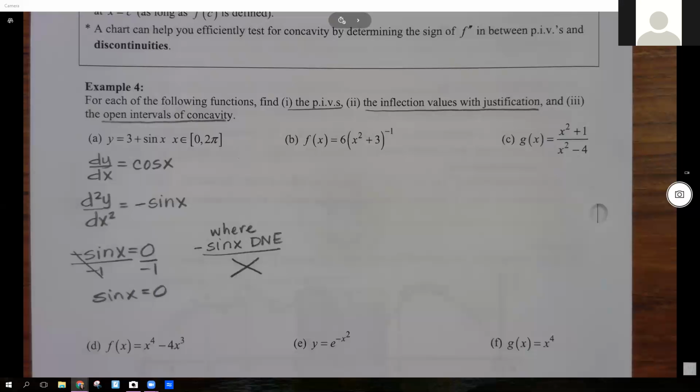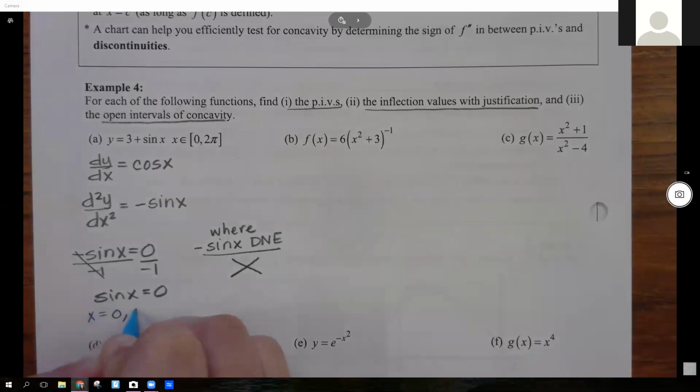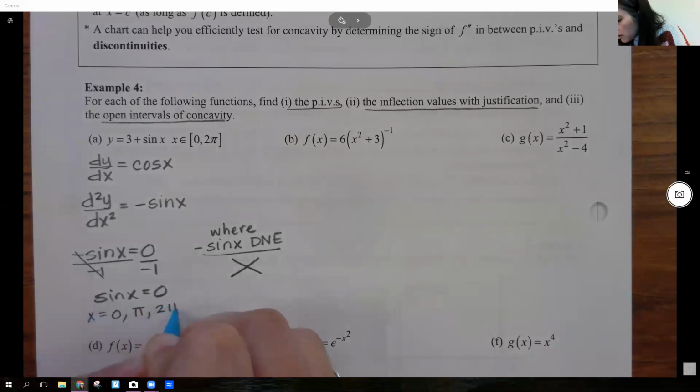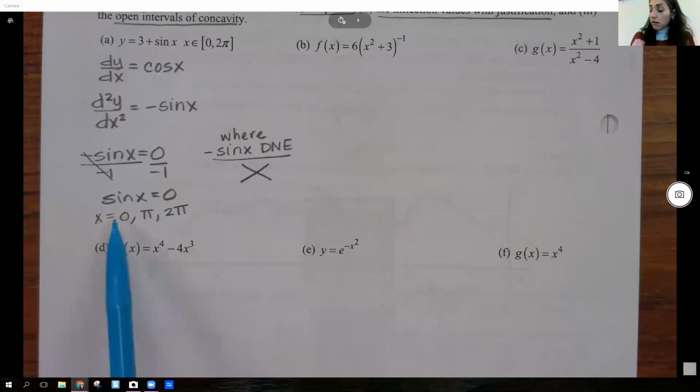Closed interval, that is. At 0, pi, and 2 pi. Yeah, good. So at 0, pi, 2 pi, good. So these are your possible points of inflection, okay?